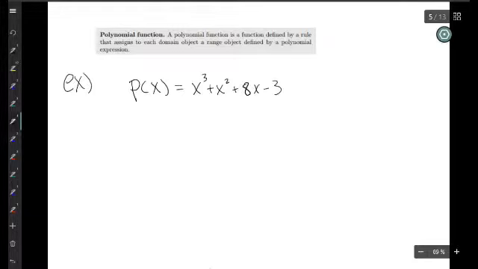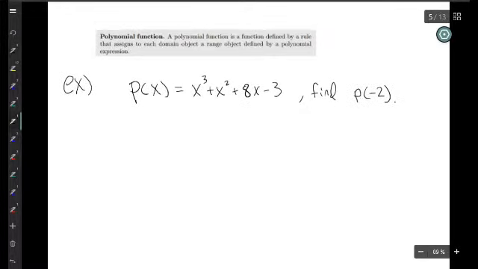So find the polynomial evaluated at negative 2. This is our polynomial function. So we have step 1, replace the variable with empty parentheses.